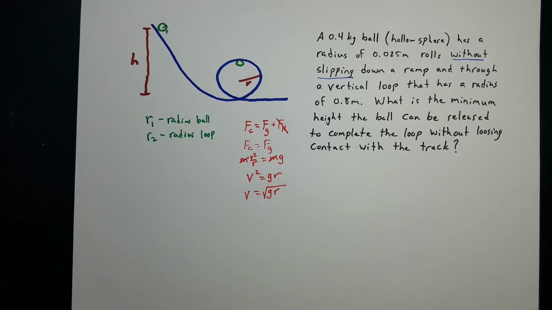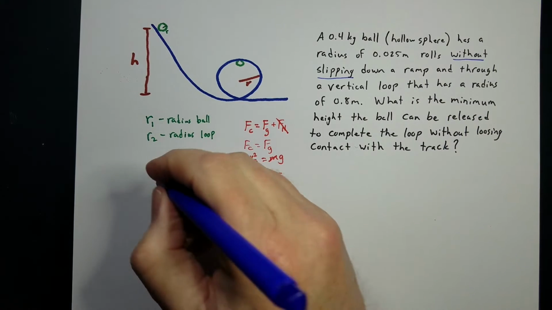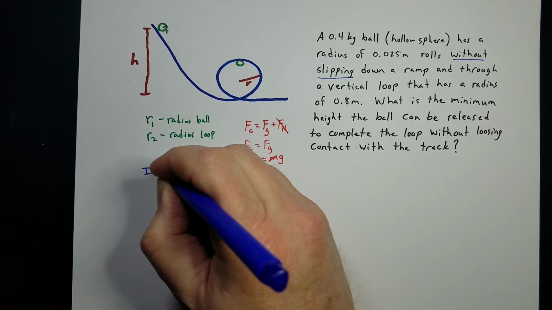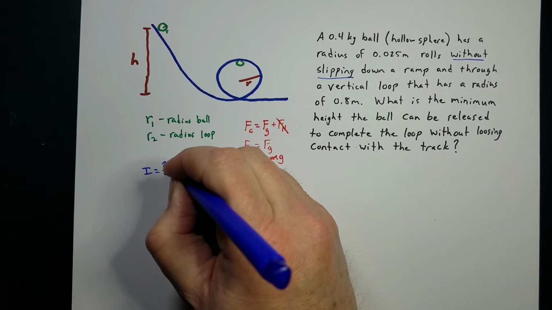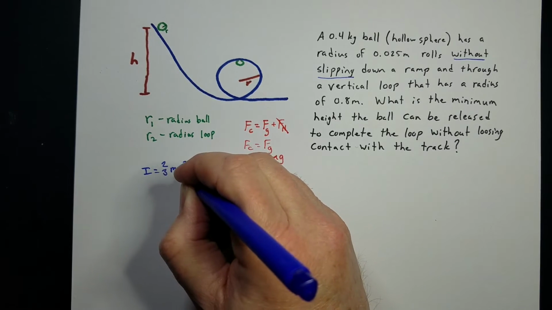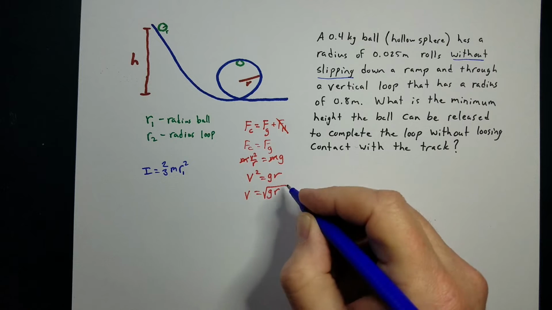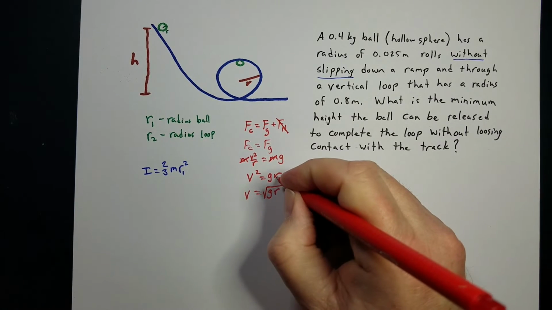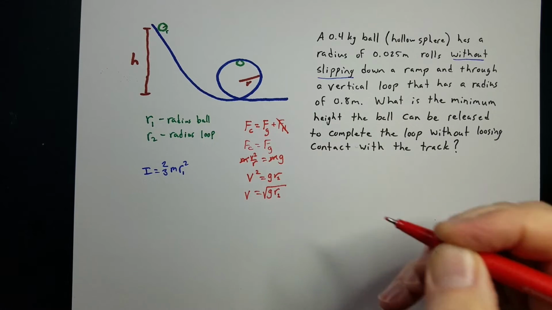We're also dealing with a hollow sphere. The moment of inertia of a hollow sphere is 2/3 m r squared, and that's the radius of the ball, so that's R1. And this r in the loop condition, we don't want to lose track of it, that's actually the radius of the loop, so that's R2.